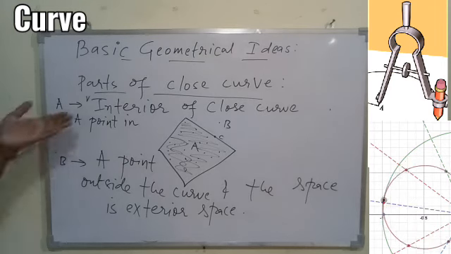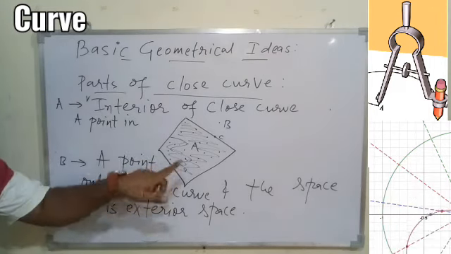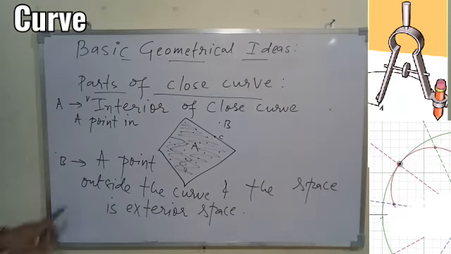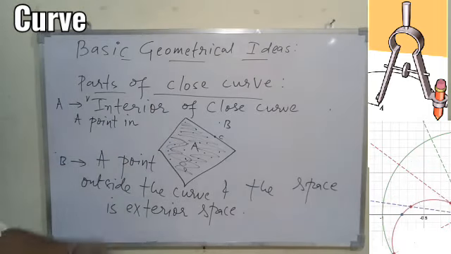I hope you understood the meaning of interior and exterior. Interior is within the curve, whatever space we have. A is within the interior space. B is another point which is in the outer space, and that space is called exterior space.